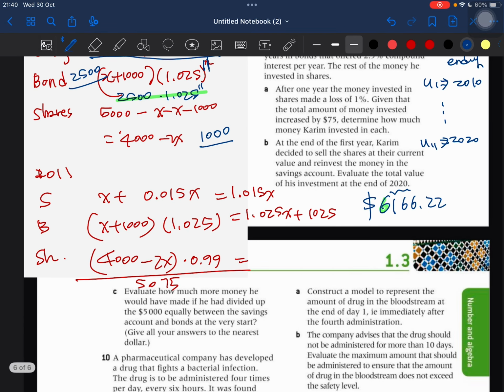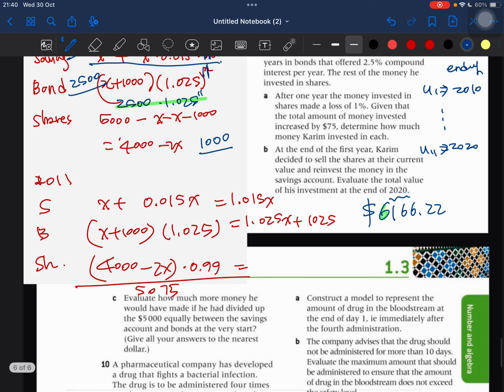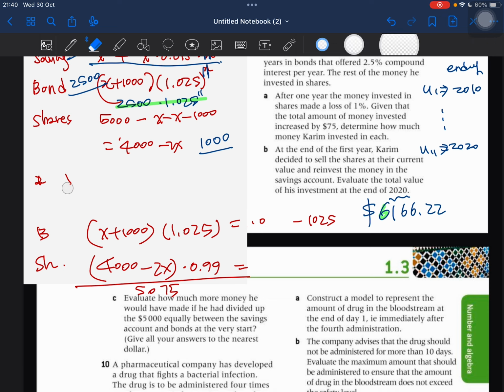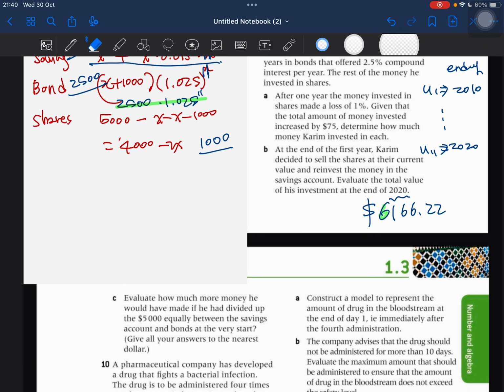Number C, evaluate how much more money he would have made if we had divided the 5,000 equally between the savings account and the bond at the very start. So here we can make the calculation like 2,500 in the savings account plus 2,500.